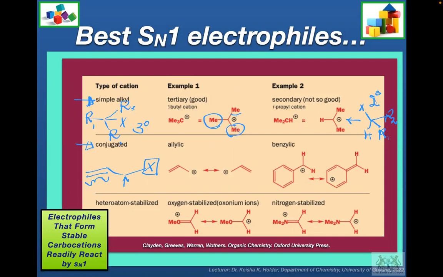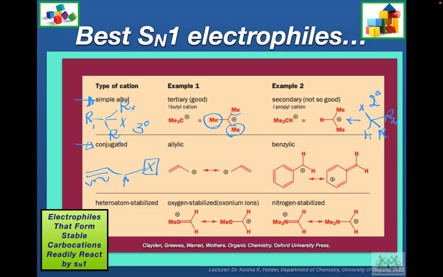So why is this considered a stable electrophile for SN1? Well, remember a few moments ago, I mentioned to you that the carbocation is electron deficient. It is sp2 hybridized, but it is electron deficient because there are no electrons in that p orbital.